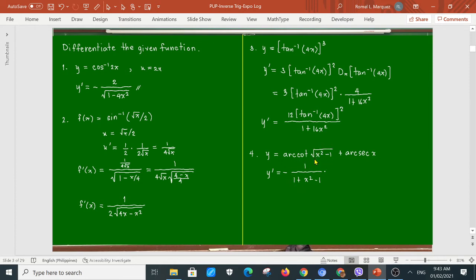I'll get the derivative of this. So, the derivative of the radical: the derivative of x squared minus 1 is 2x over 2 square root of that radical. So that is x squared minus 1. Okay, guys?